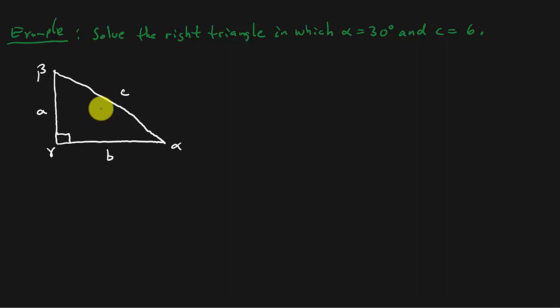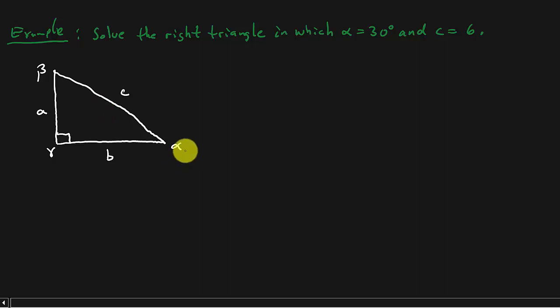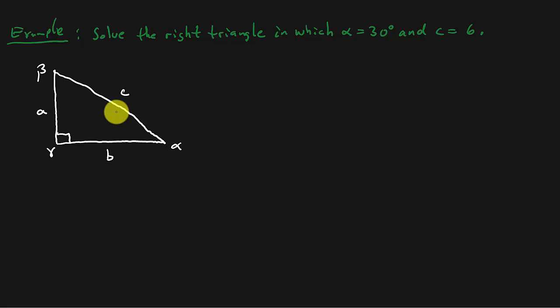And as far as labeling the angles, sometimes you might see the angles labeled capital A, capital B, and capital C. The book that I'm using uses alpha, beta, and gamma. We'll use gamma for the 90 degree angle, and that's typically what you do. The right angle is typically labeled gamma.